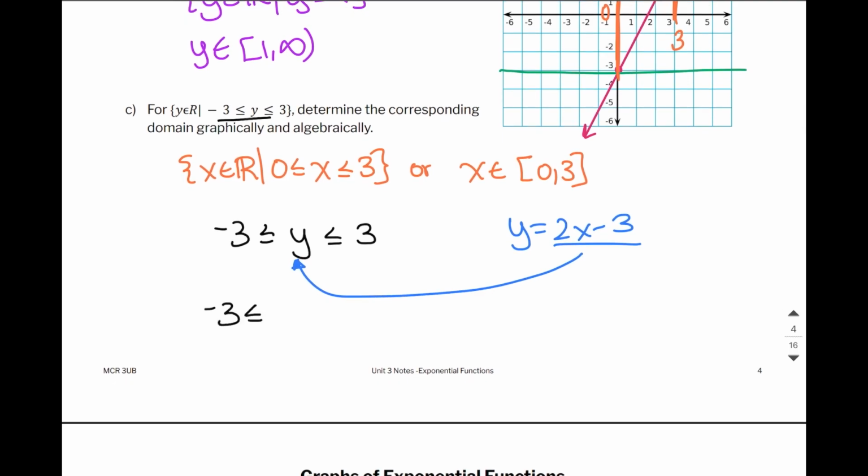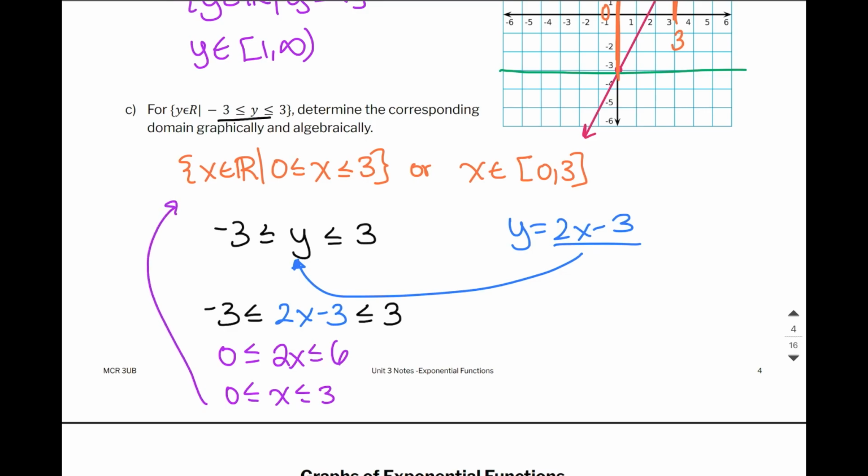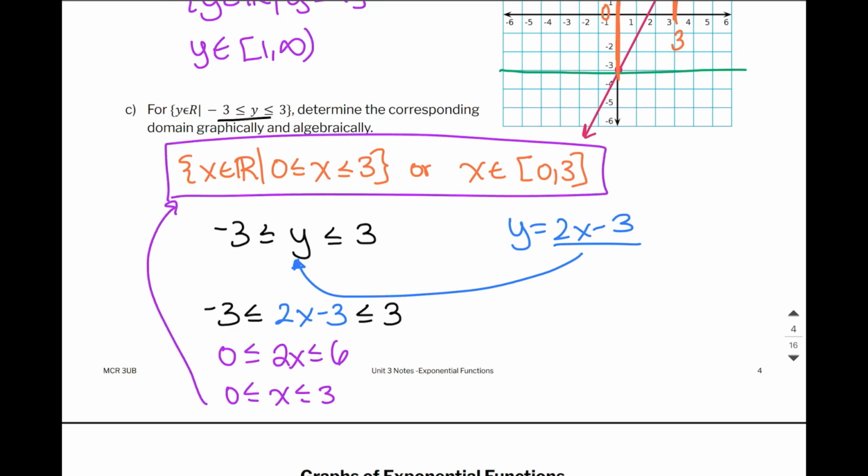So this would say -3 is less than or equal to 2x minus 3, and then I can say that that's less than or equal to 3. And then I can solve this right here. So I would add 3 to everything. So this would be 0 is less than or equal to 2x is less than or equal to 6. Divide everything by 2, and I get 0 to 3, which is exactly what I have right here.